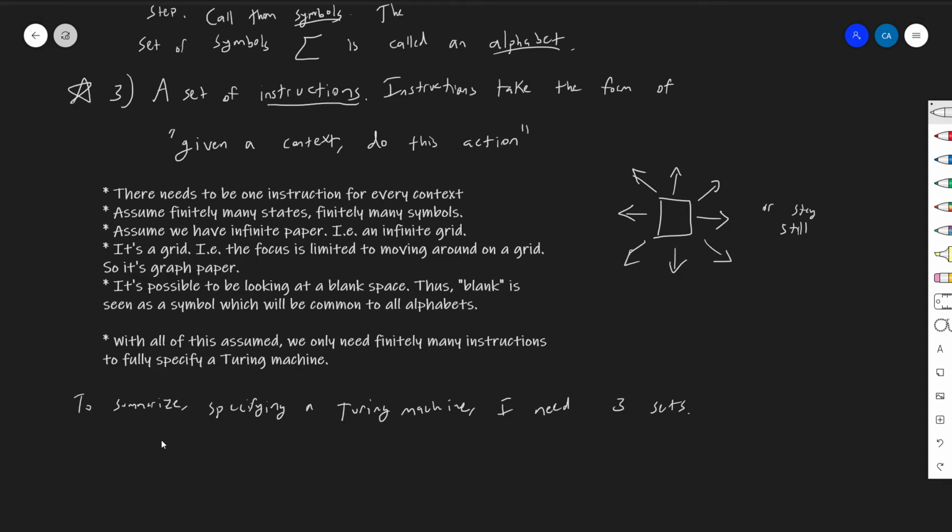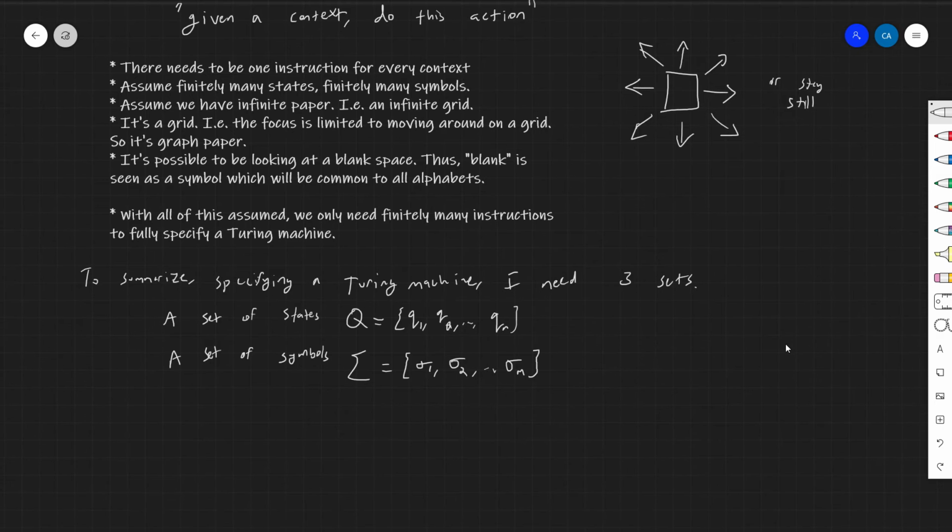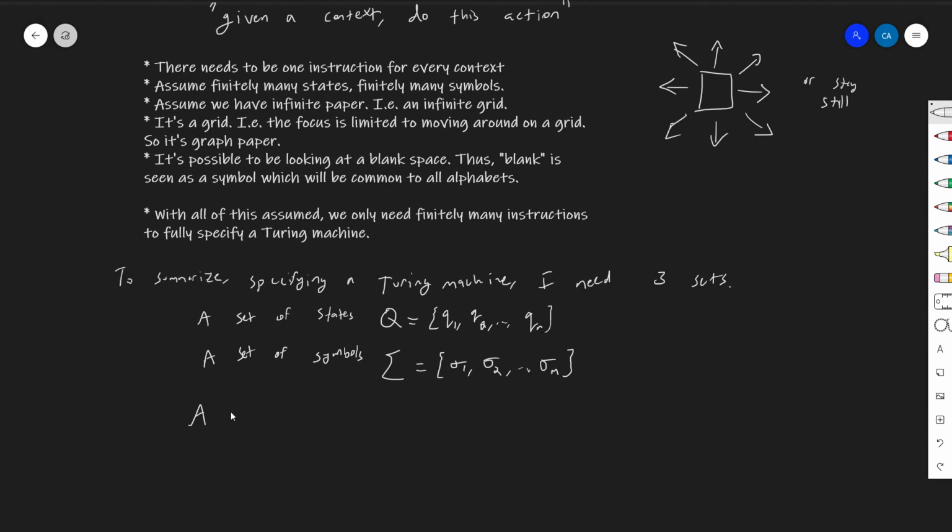I need a set of states, Q, and I can write Q as Q1, Q2, ... Qn. A set of symbols, sigma, a capital sigma, and then I'll use lowercase sigmas, sigma 2, ... sigma m, and a set of instructions.